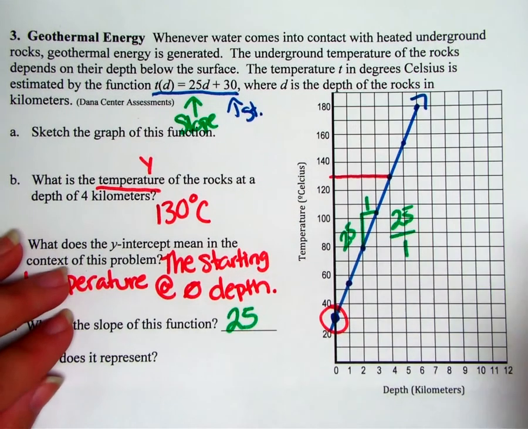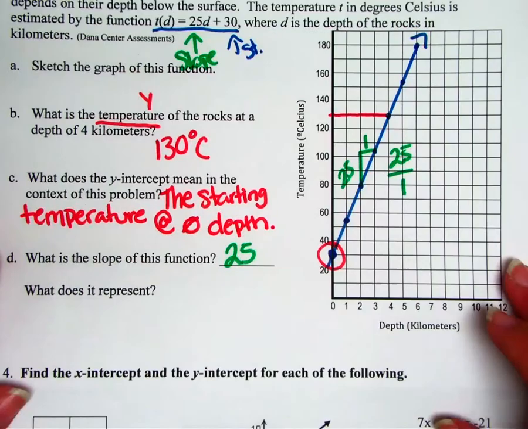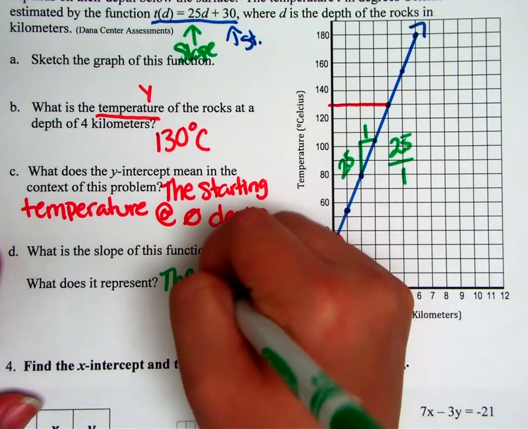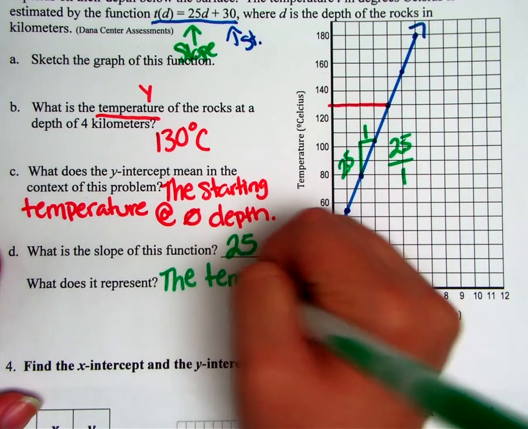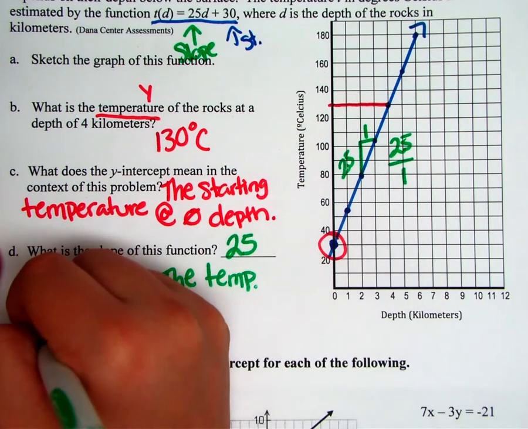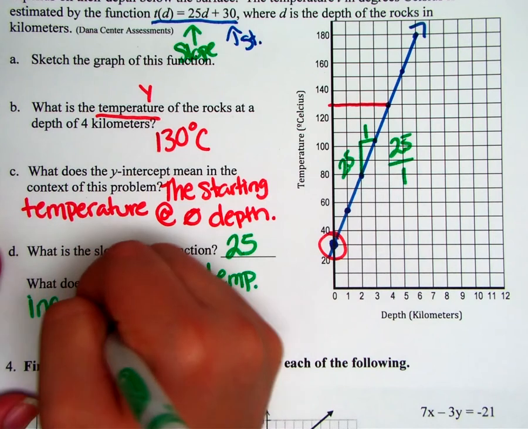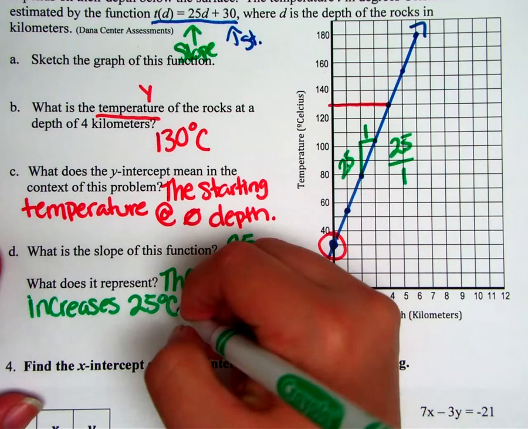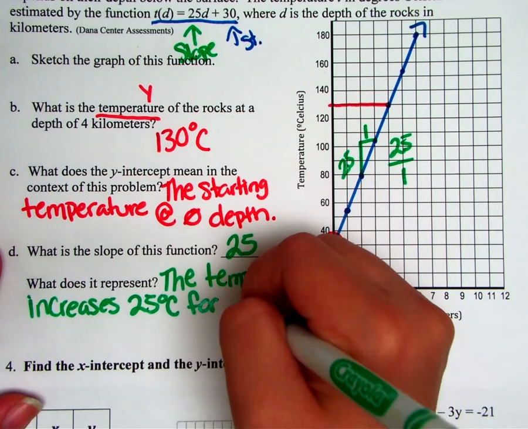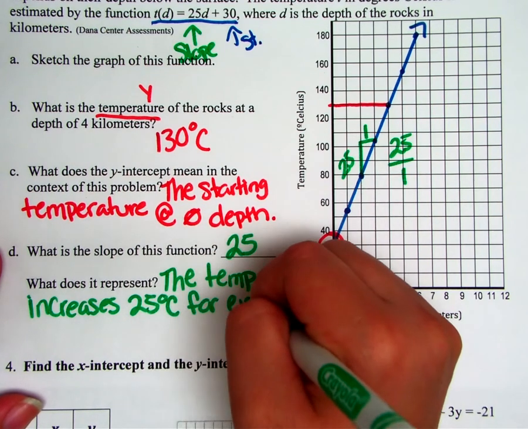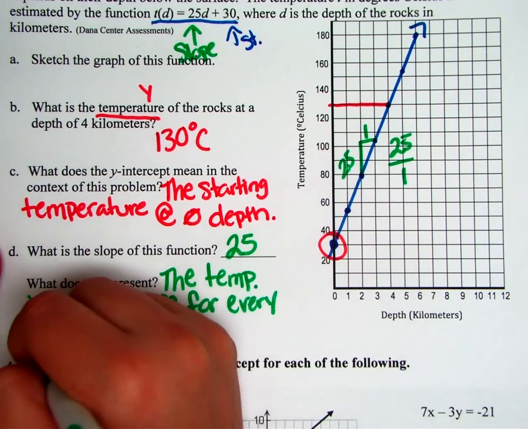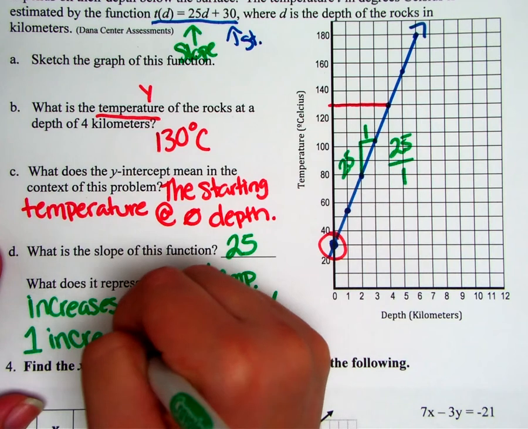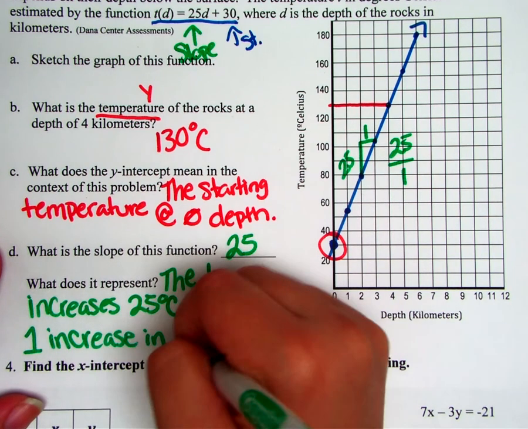It means that, I'm going to move this up so you can see it, that the temp, for temperature, increases 25 degrees Celsius for every 1 increase in depth.